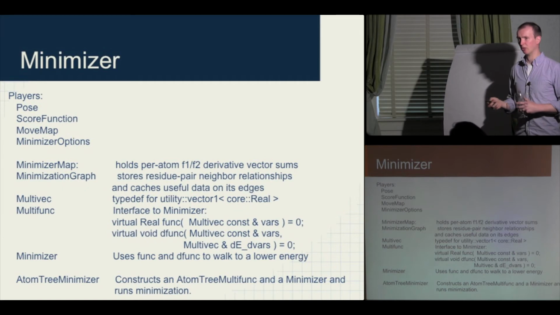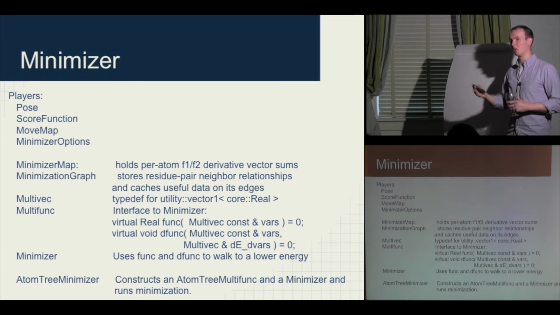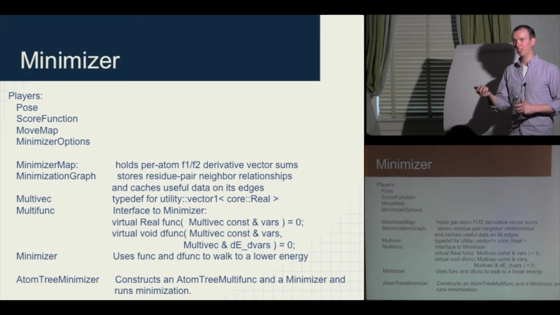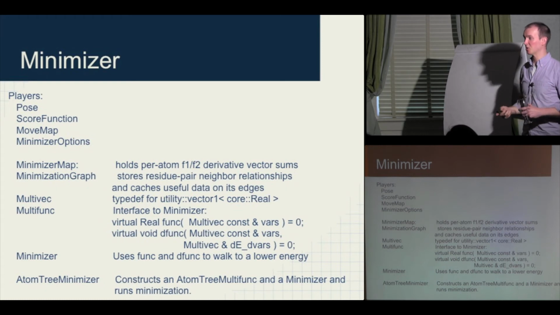It's particularly useful for minimizing with the Cartesian minimizer, where you have a degree of freedom for each dimension for each atom, so 3 times the number of atoms in the system, and that's a very big system to minimize.